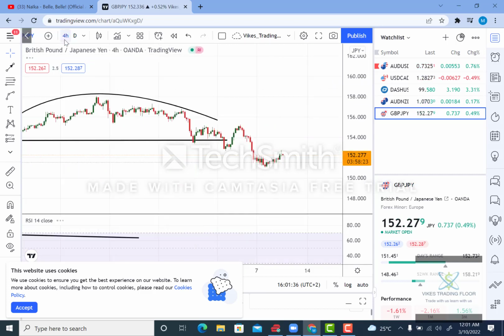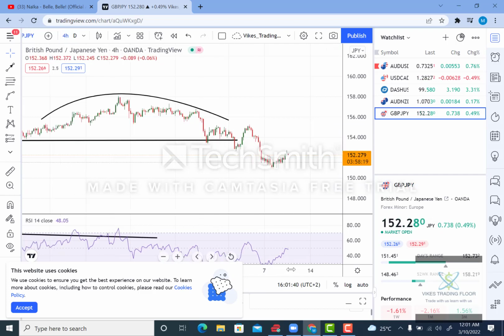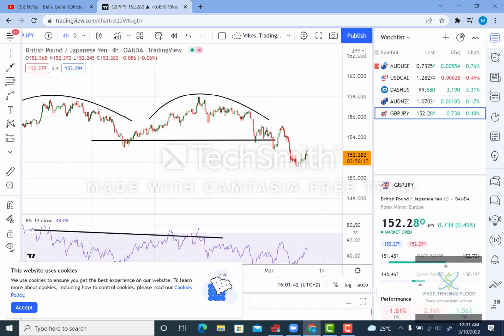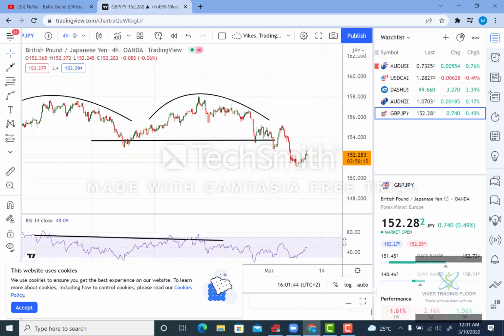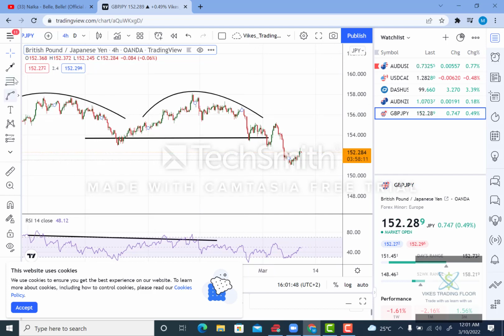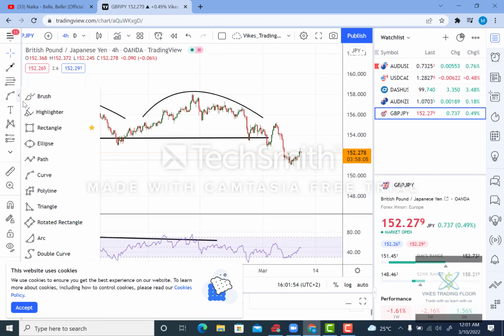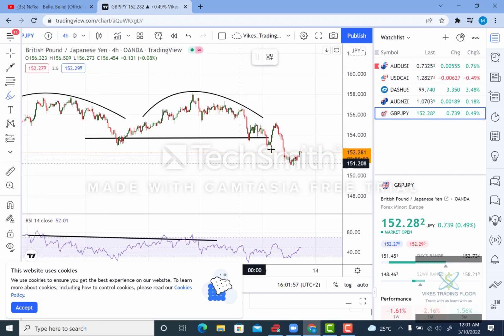So go down to lower time frames. Now notice that at real moves, the last time the price was this low, the momentum was around here.